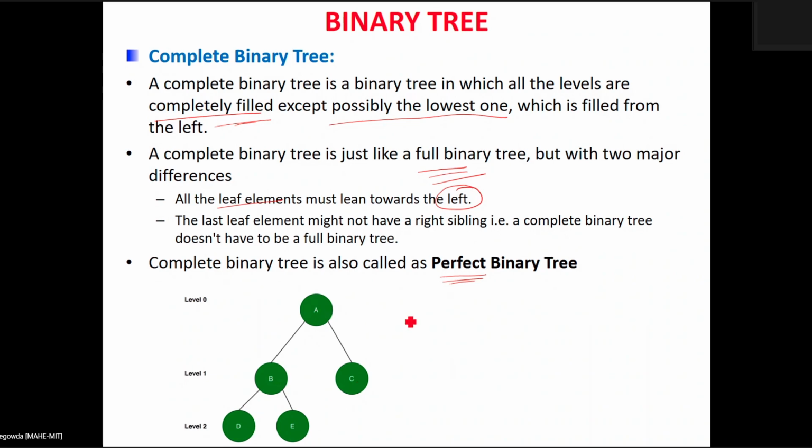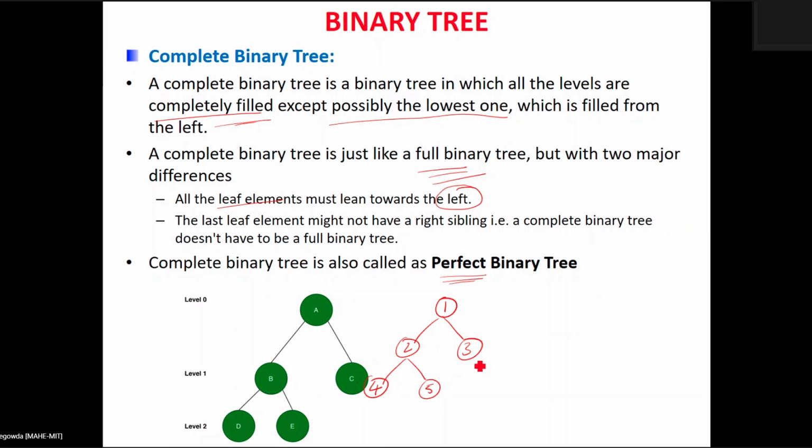Now let us look at some examples here. I have node 1, which has a right child and a left child, 2 and 3. And 2 has children 4 and 5, the left and right child.